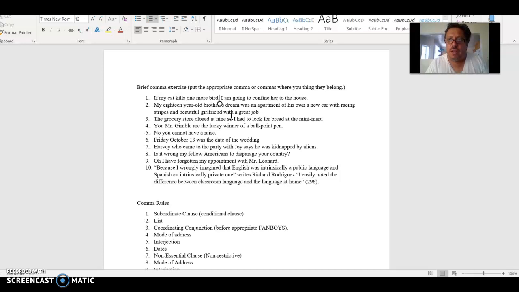You could also have written the sentence, I'm going to confine her to the house if my cat kills one more bird. In that example, if the clause comes after the real sentence, then the comma goes away, okay? But if it comes first, the clause has to be separated out with the comma, okay?